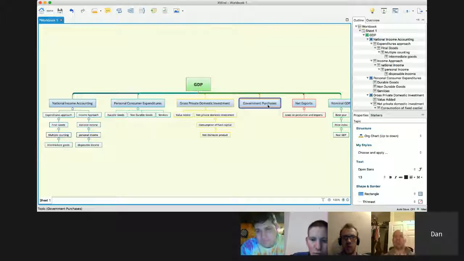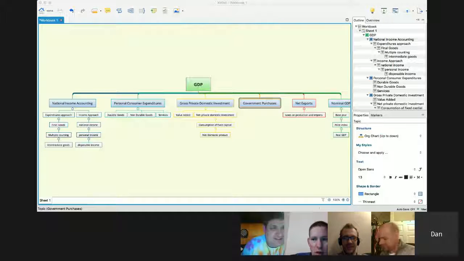Nothing underneath government purchases, not really with the way they have it listed here. That pretty much sums up government purchases, though, right? They do whatever they want. It's just kind of like a giant void where our taxes go. Okay, export.